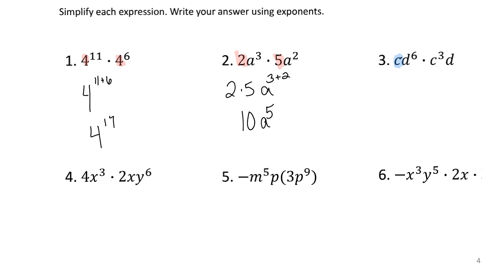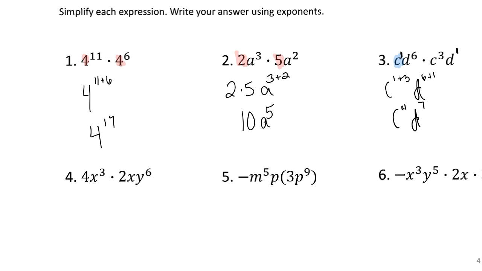So it's really c to the first power. And we just don't write that because c to the first is the same thing as c. So this is really c to the 1 plus 3 and d to the 6 plus 1, because that's also an implied power of 1. And now c to the 1 plus 3 is c to the 4th, and now we have d to the 7th.